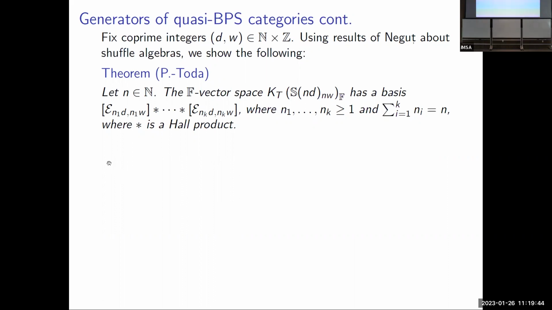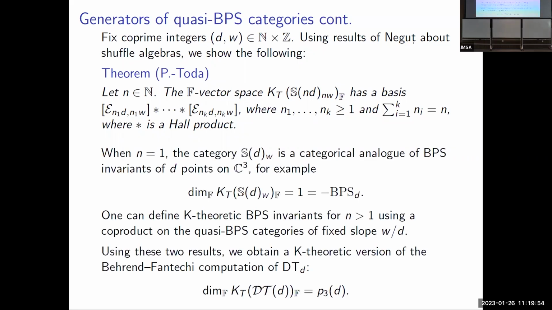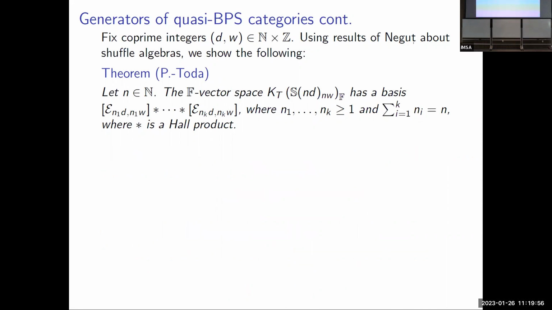So using their results, we can understand the localized equivariant K theory of these categories. So this is the theorem: it has a basis. In particular, its dimension over F is the number of partitions of N.